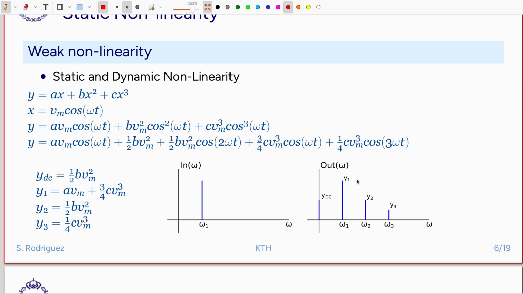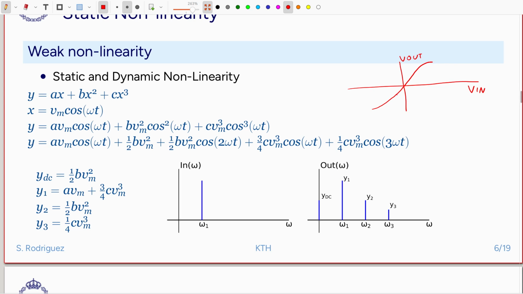Okay, so how do we use these errors? Well, we're going to do a little bit of math first. For a weakly nonlinear system, we can plot our system like this.